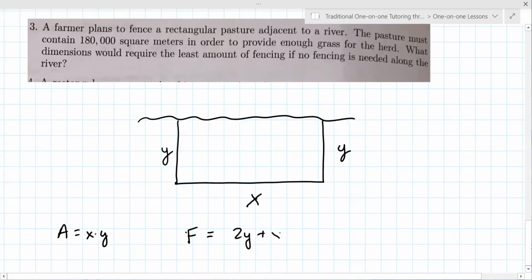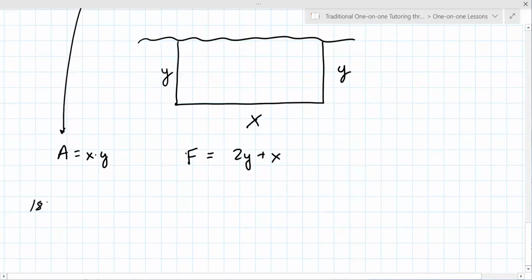2y plus x, yeah. So what are we trying to minimize or maximize, area or fence? Fencing. So that means we're going to need to do something with this equation over here. Do we know the area? We do. So see how you can get the values.